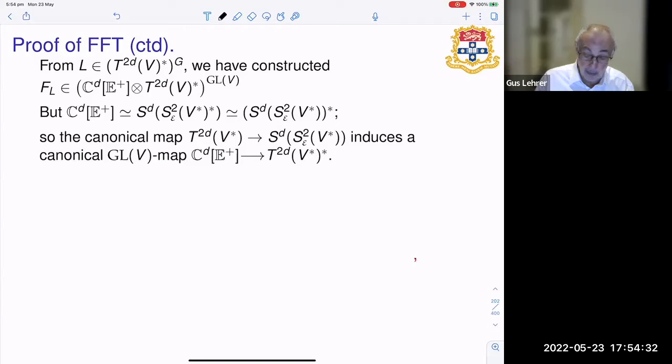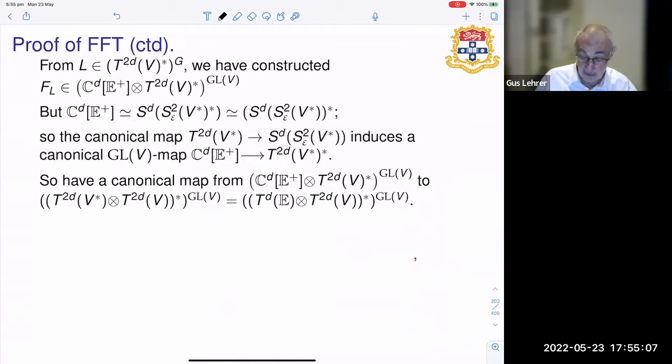This canonical map, which takes you from T to the 2D of V star to S to the D of this, induces a canonical map which commutes with GLV from C to the D E plus to T to the 2D V star all star. And remember, this is all invariant under GLV. So what we've produced is a canonical map from this space here.